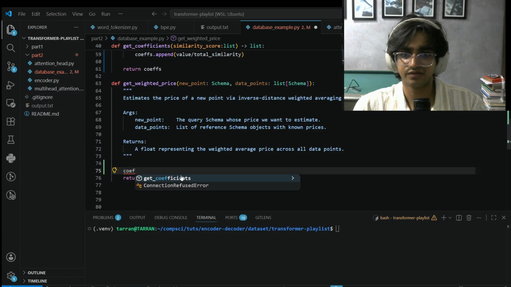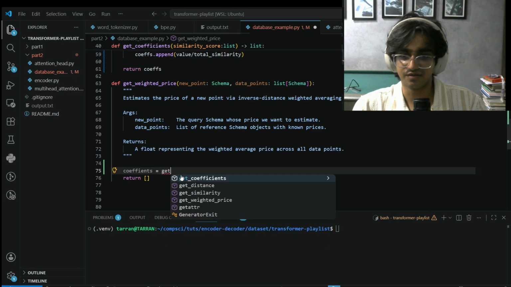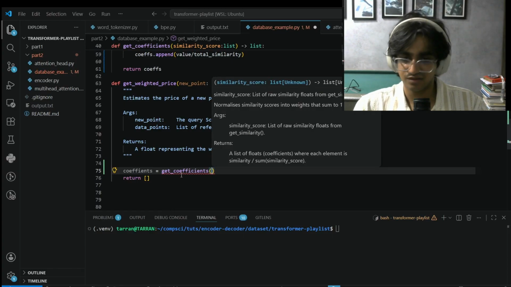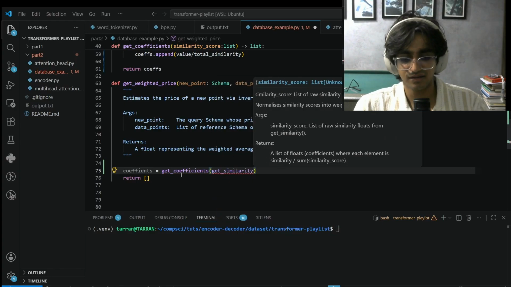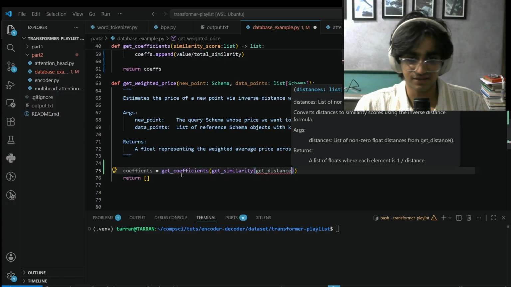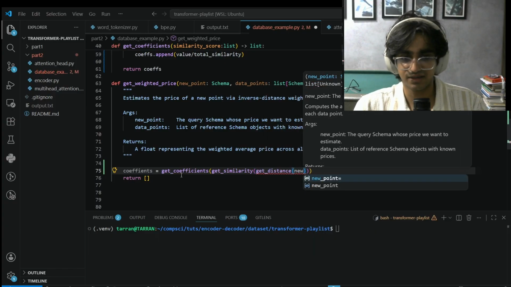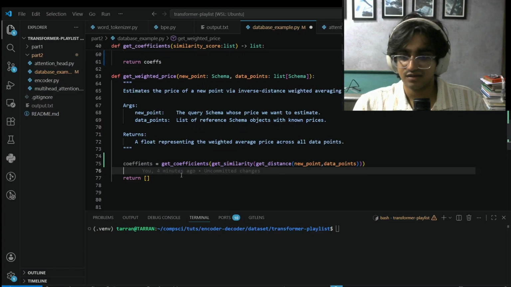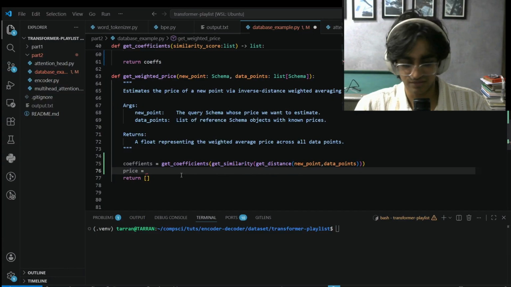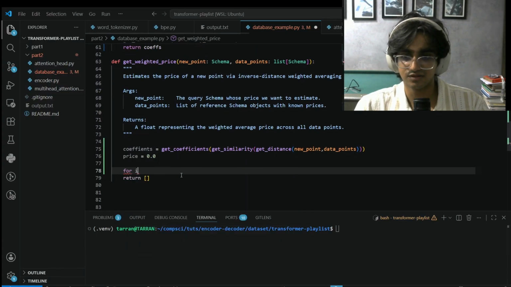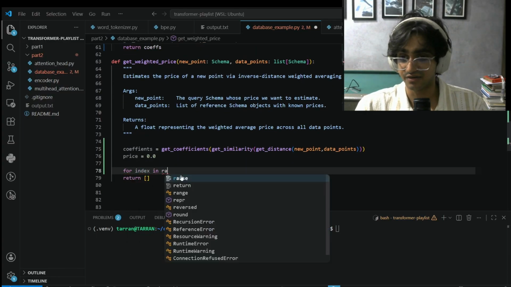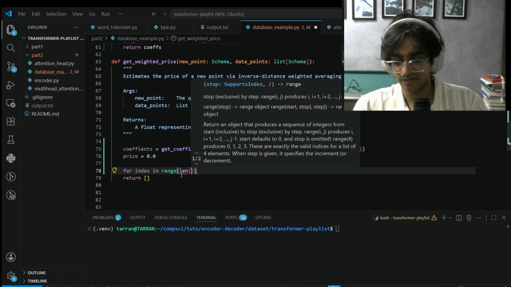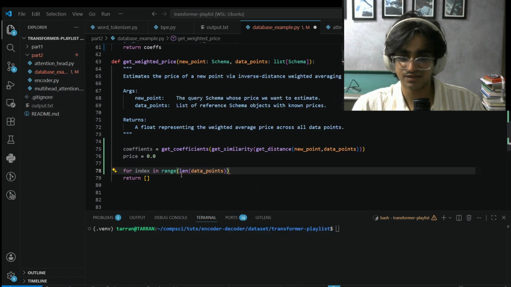Let's get our coefficients. We're going to get our coefficients, we're going to get our similarity, and we're going to get our distance from our points. You point at your data points, and we're going to name the price equal to 0.0, and we're going to keep track of the index and iterate over the full length of data points.